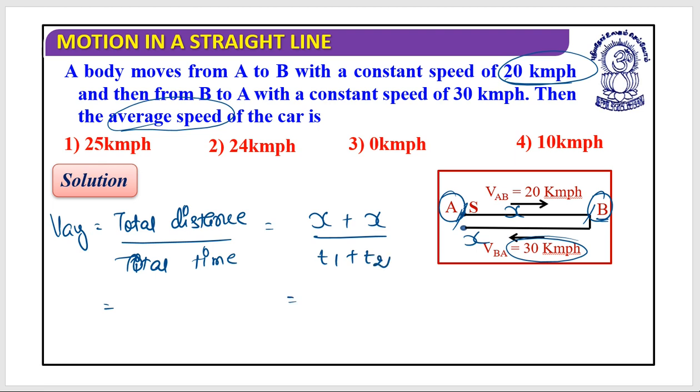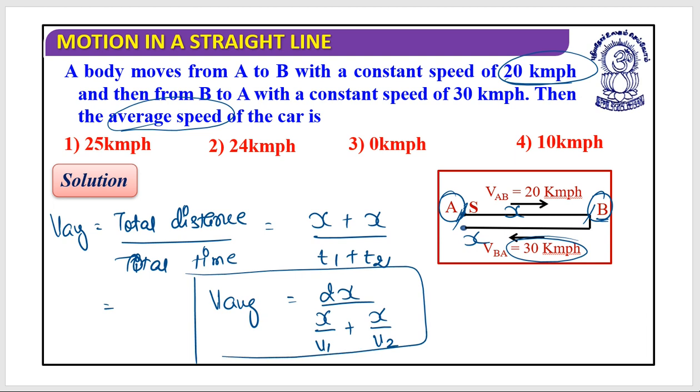You solve this as 2x, where t1 is equal to x by v1 and t2 is equal to x by v2. This is the first approach, which is a standard one. But for competitive examinations, to do this quickly, you must remember certain short tricks, and that trick has been given in the previous slides only.